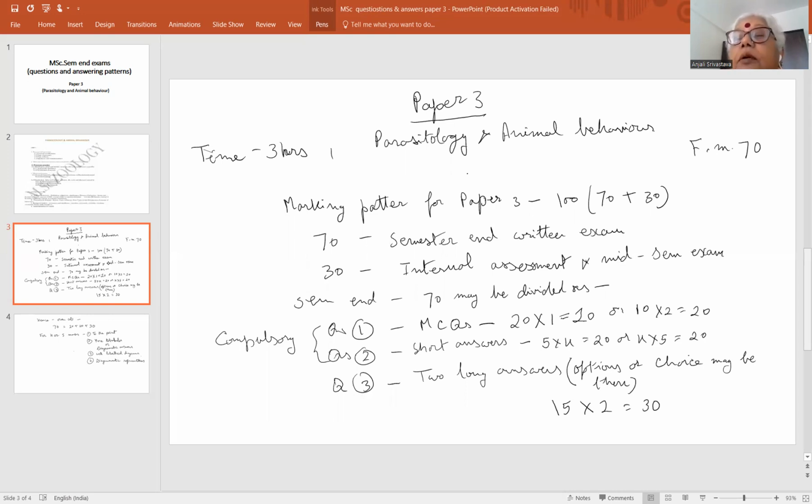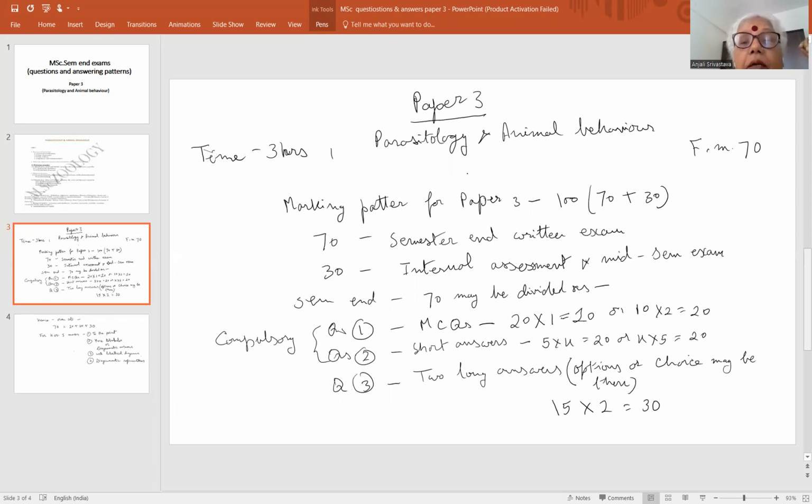This is based upon national level or UGC style. Total paper carries 100 marks, out of which 70 marks का semester end examinations हैं और 30 marks का आपका internal assessment as well as mid semester examination हो चुका होगा. So it is 70 plus 30 pattern. That is the general UGC pattern as per UGC norms.